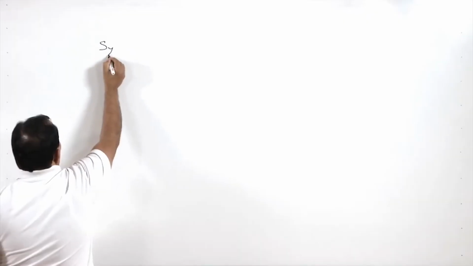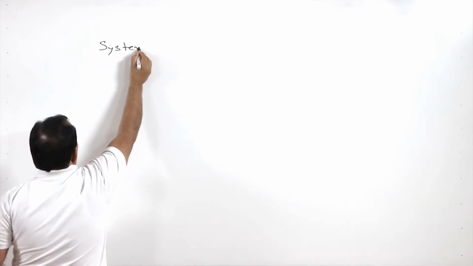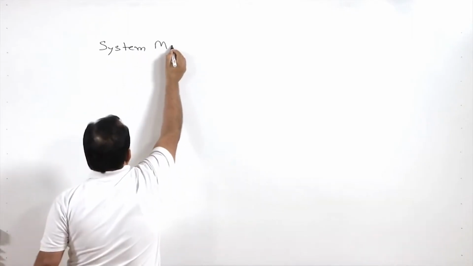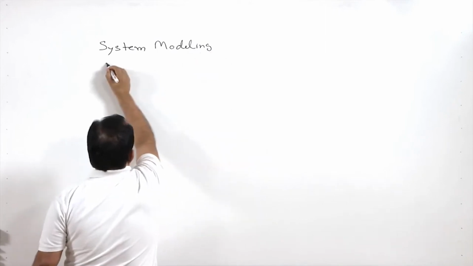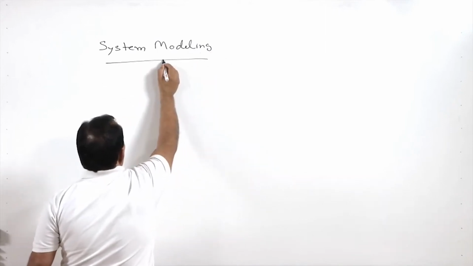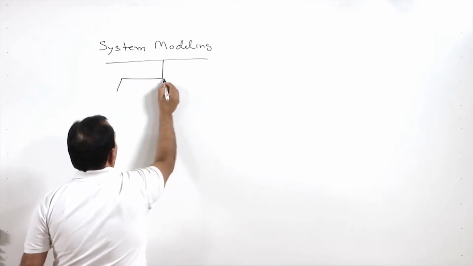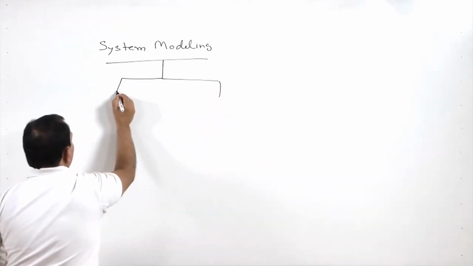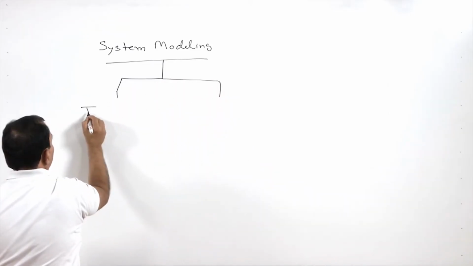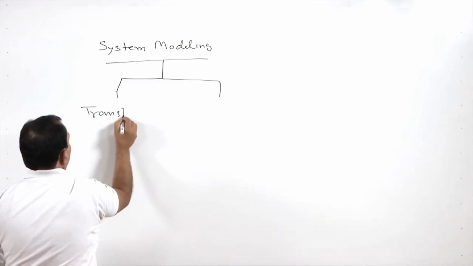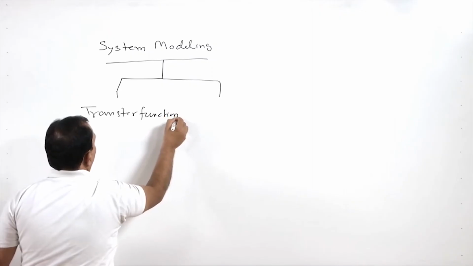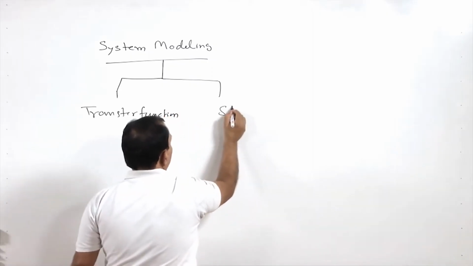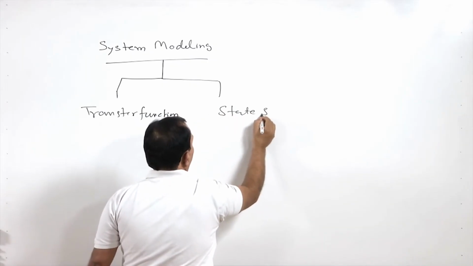So, in general, system modeling is in two forms. The first one is the transfer function and the second is the state space.